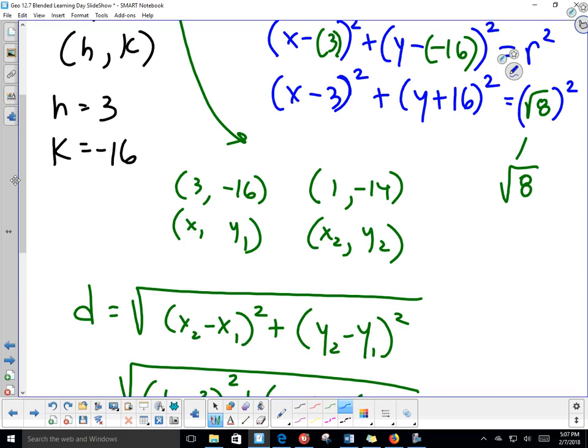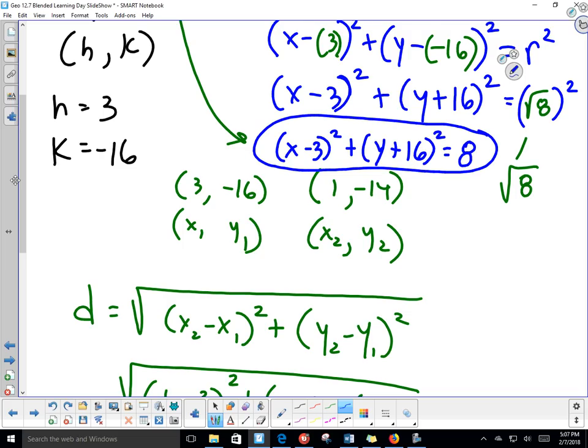Well, square root of 8 squared is 8. So our final answer for this problem should be x minus 3 quantity squared plus y plus 16 quantity squared equaling 8, not square root of 8, because square root of 8 squared is 8.